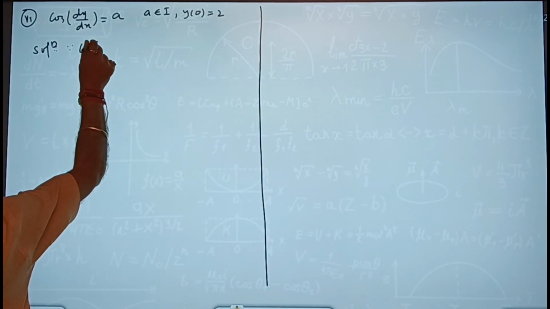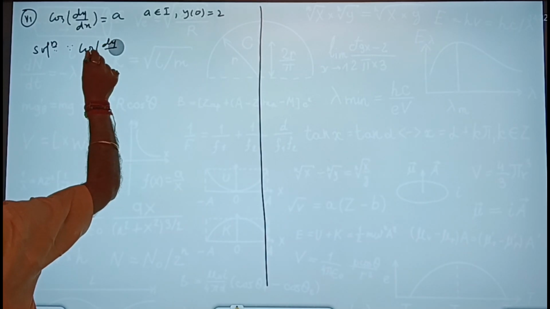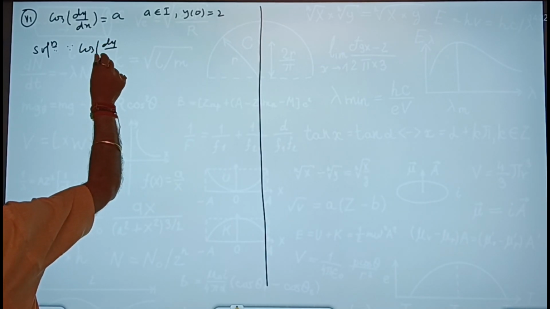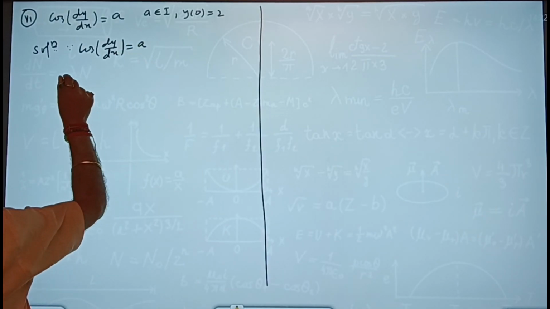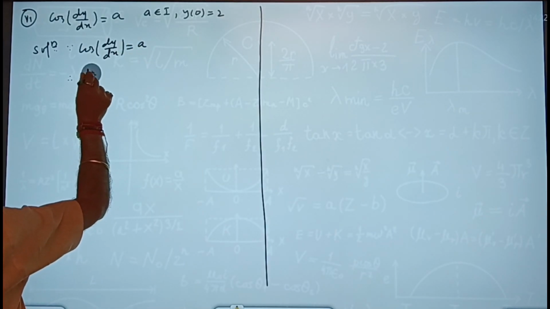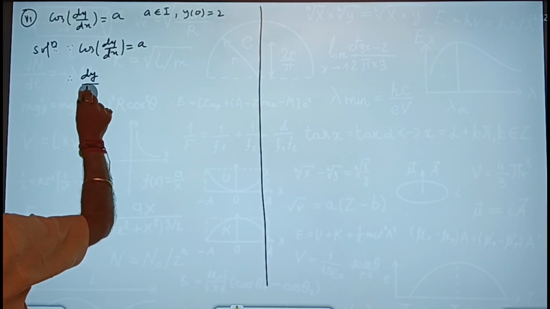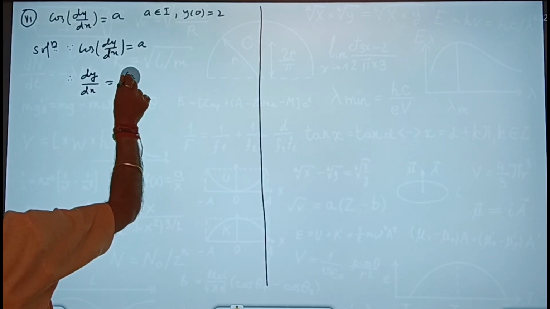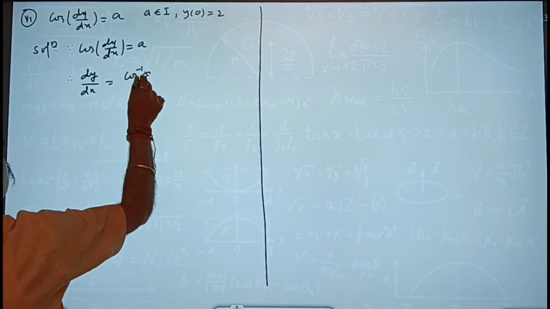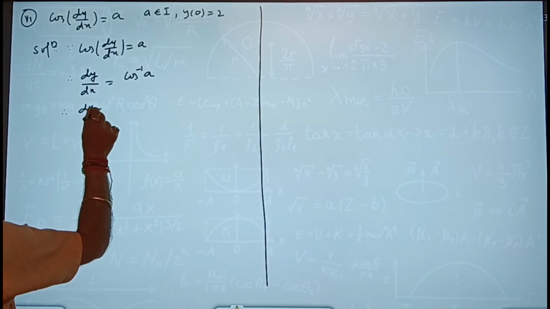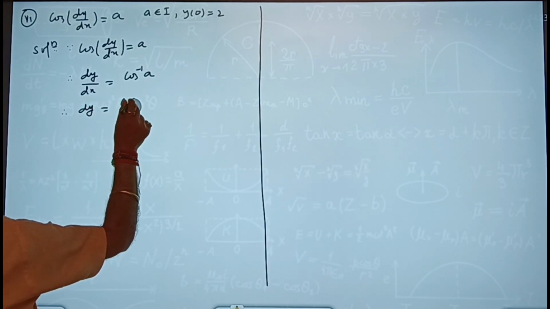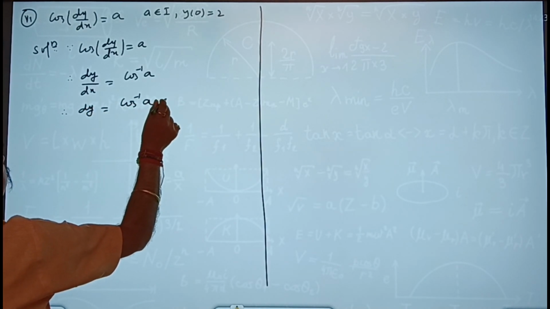Since cos dy by dx is equal to a, so dy by dx is what? Cos inverse a. Dy is what? Cos inverse a dx.